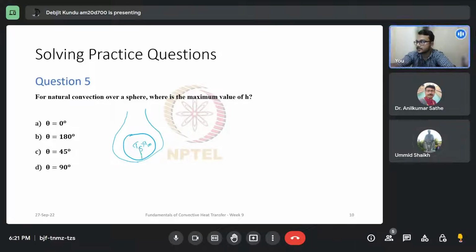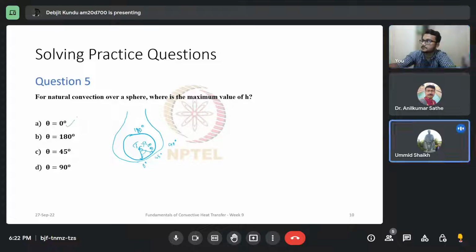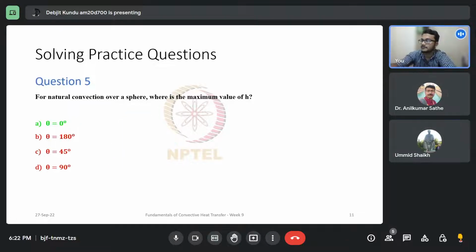And theta I'm measuring from here. This is theta equal to 0 degree, somewhere 45 degrees here, 90 degree would be perfectly horizontal, and 180 degree would be here. So where would be the maximum? At theta equal to 0. And why is that? Minimum boundary layer thickness. It's correct.